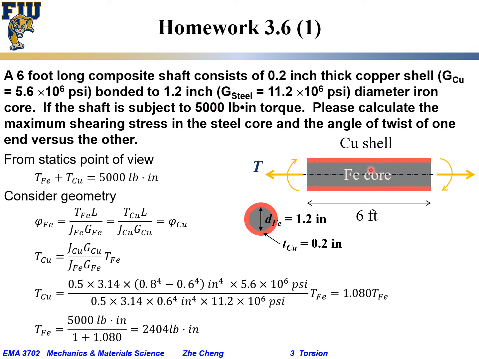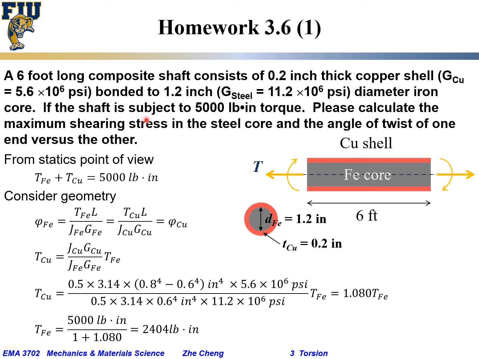Of course, we are not drawing to scale. The steel core has a shear modulus of 11.2 times 10 to the power 6 psi, and the shear modulus for copper, we said before, is 5.6 times 10 to the power 6 psi. The shell and the core are strongly bonded together. It's a composite, and we assume the bonding is very good between the iron or Fe core and the copper or Cu shell.